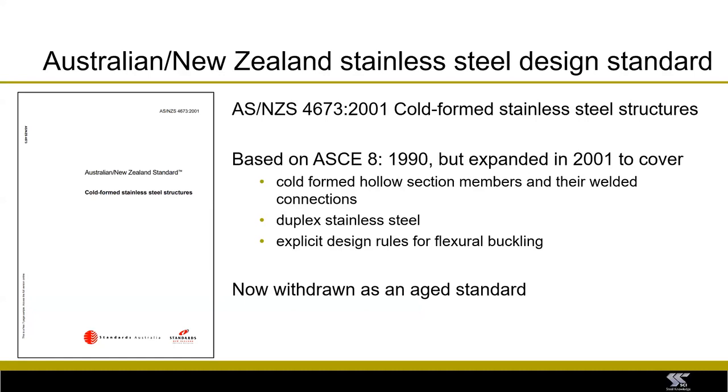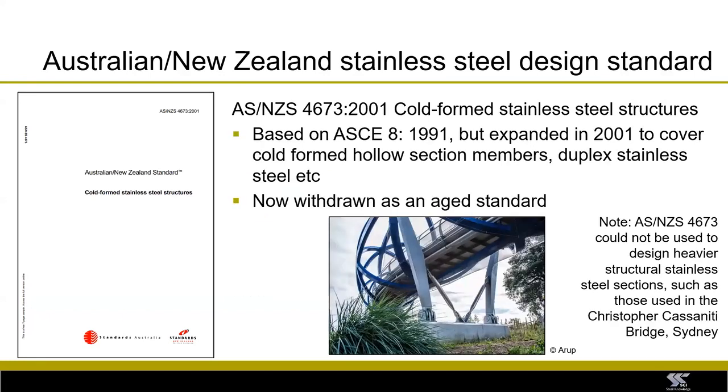Time has passed and now this standard has been withdrawn by the standards bodies. So two comments about that. First of all, please remember that this is a standard for designing cold-formed members. So structures like this bridge I showed you last week, you couldn't use this standard for designing that, so not suitable for the heavier plate hot-rolled sections.